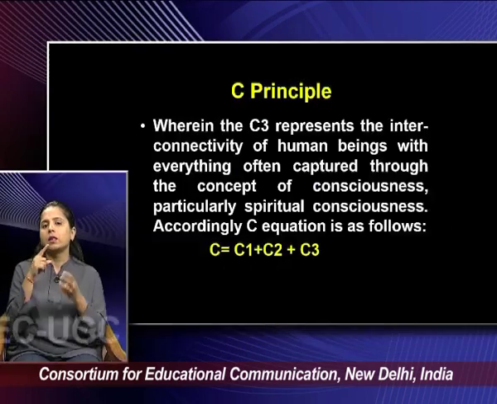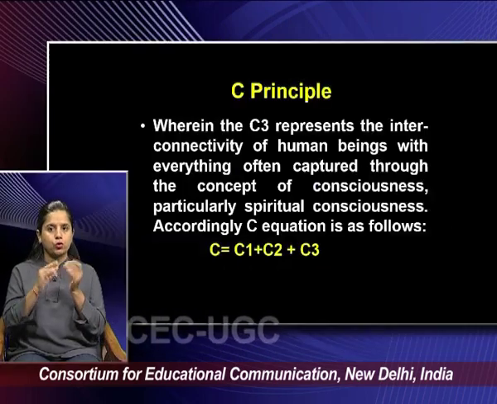C3 represents the interconnectivity of human beings with everything, and it is often captured through the concept of consciousness. When we talk about consciousness, we are indicating spiritual consciousness. If we look at the C equation, it is again additive in nature. We are adding all three components C1, C2 and C3: competition, cooperation, and the third one, consciousness or connectivity.